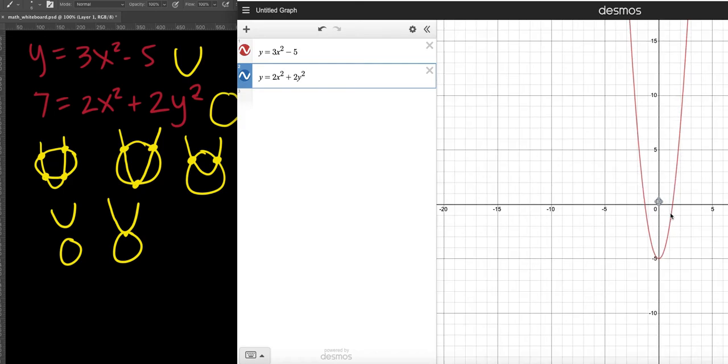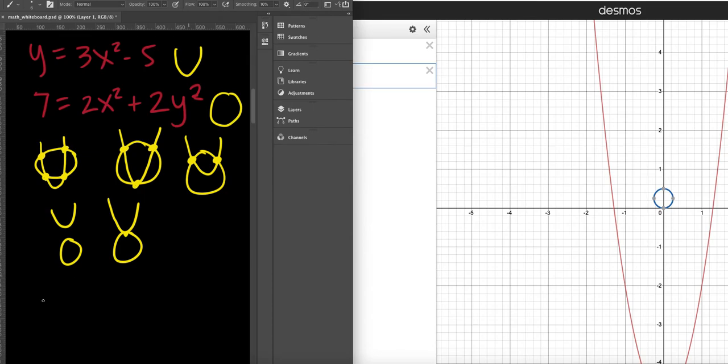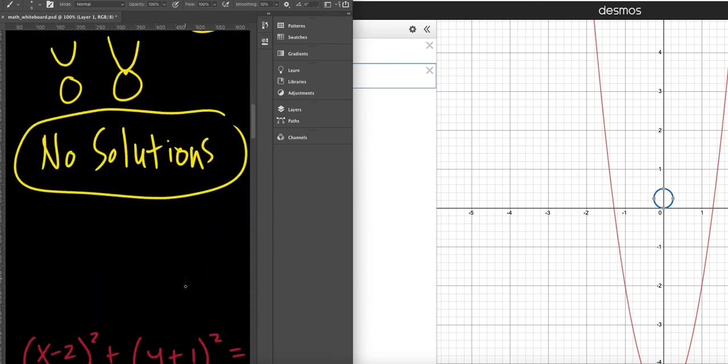Okay, so it's hard to see, but we have a little tiny circle right here, and we have a parabola that goes around it but never crosses it. And so what we're going to say is no solutions. And we'll just leave it at that. So let's move on.